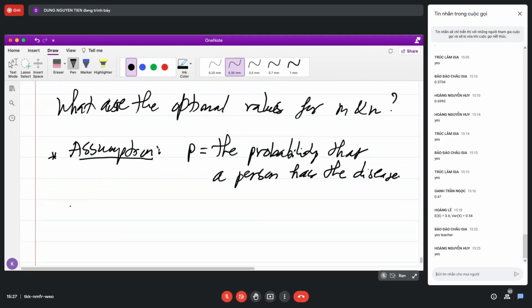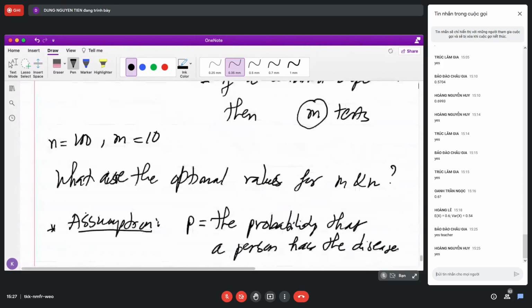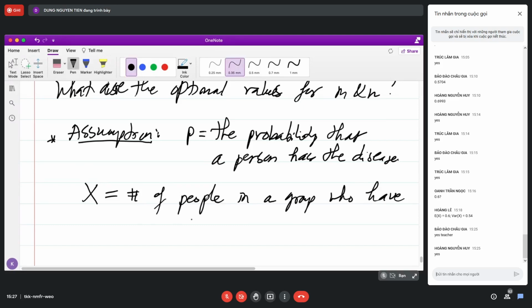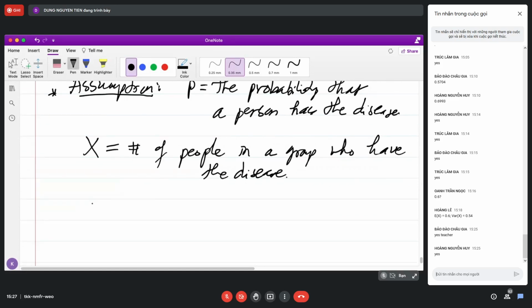Okay, and then I will denote by x the number of people in a group who have the disease, and I denote by y the number of groups with positive results.